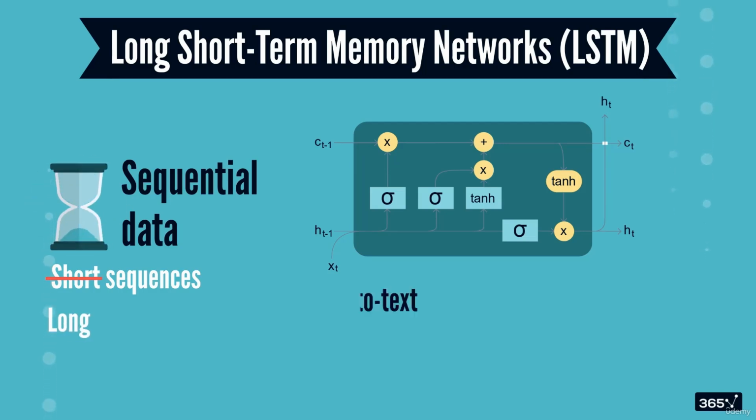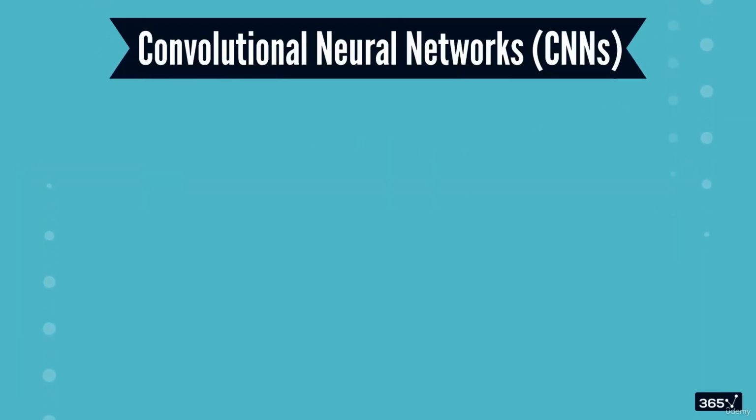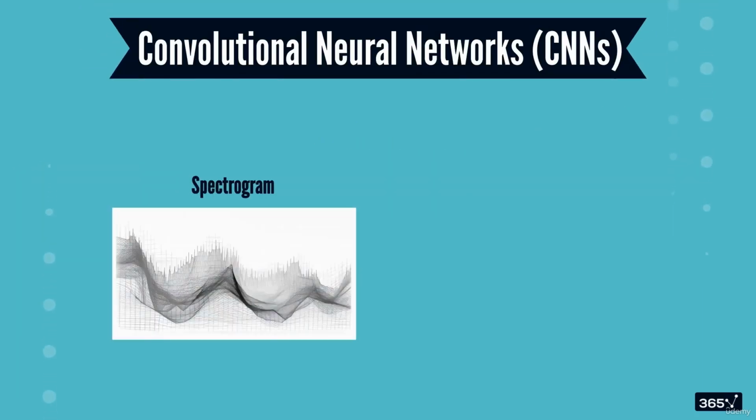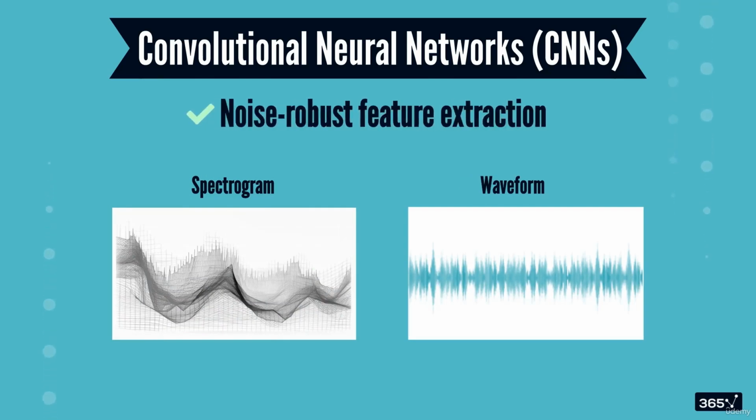These can be used for a real-time speech-to-text system to transcribe sentences accurately and maintain context over longer phrases or sentences. Convolutional neural networks are helpful when applied to spectrograms or waveforms. They are particularly suitable for noise-robust feature extraction.